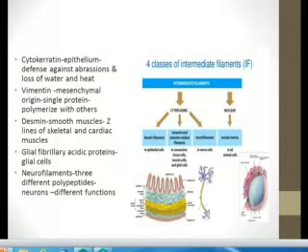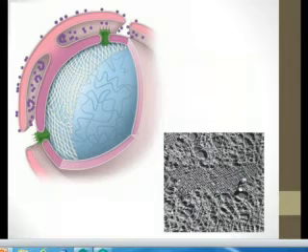Nuclear lamin forms a lamina or a network deeper to the nuclear membrane. Whenever the nuclear membrane is removed, deeper to that is a network or a sieve-like structure.